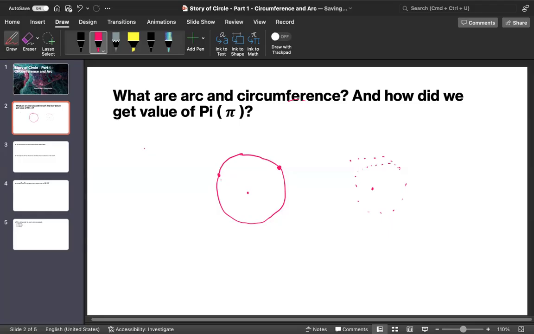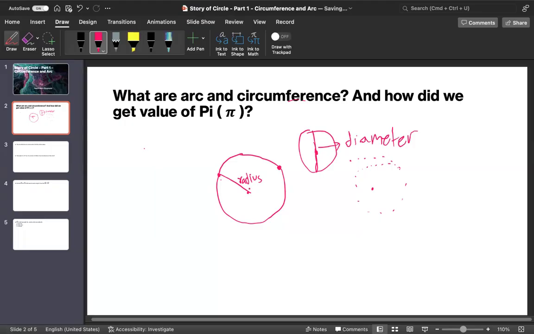So from one point of the circumference of the circle to the center, if you make a line, it's called the radius. And then when you draw a line right through the middle, crossing the center, that is called a diameter. A diameter is 2 times the radius.